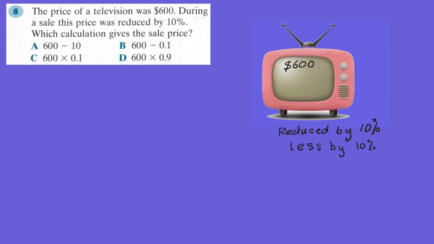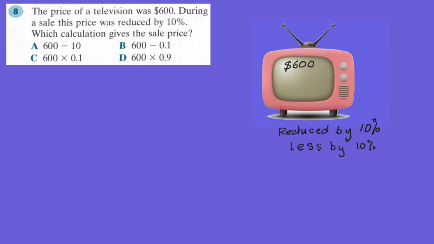Now when you hear the word less, you sort of start associating subtraction with it. And there are 2 answers there with a subtraction in it: 600 take away 10 and also 600 take away 0.1. But there's also 600 multiplied by 0.1 and 600 multiplied by 0.9.